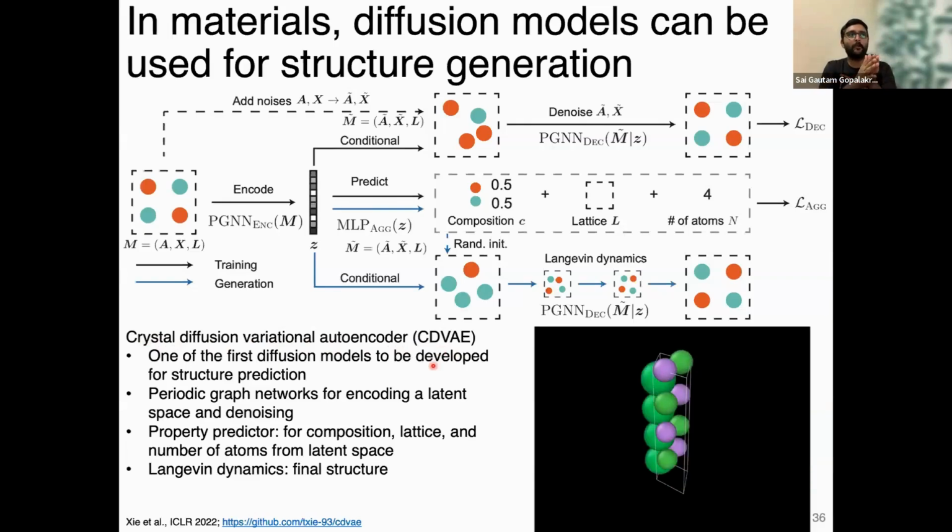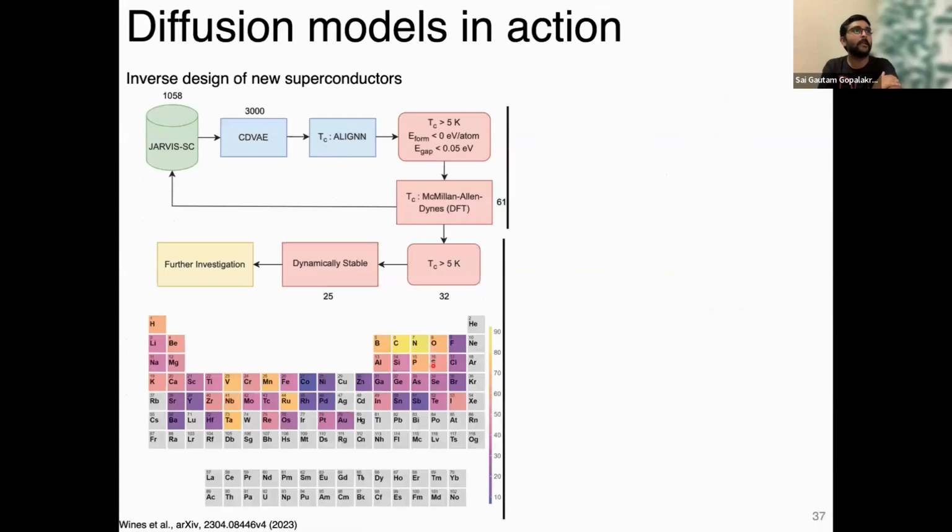But the idea behind this model was, given a composition and given some property that you want that composition to have, this model will undergo some kind of diffusion and generate a crystal structure. It will start from a random structure of a composition, and then evolve that structure to give a more sensible looking structure with the property that you asked for. This is one of the very first implementations of diffusion models in materials.